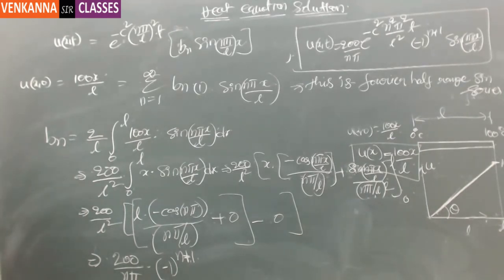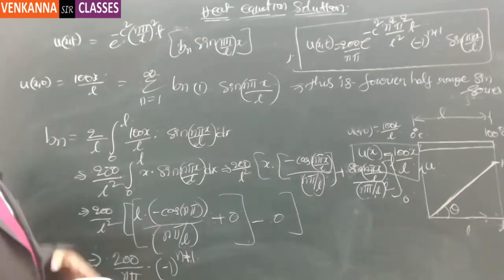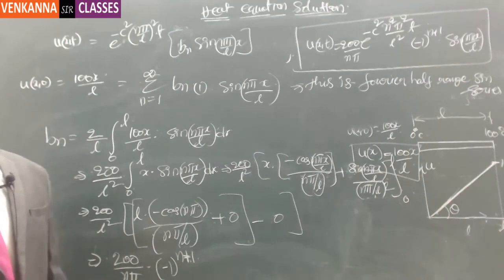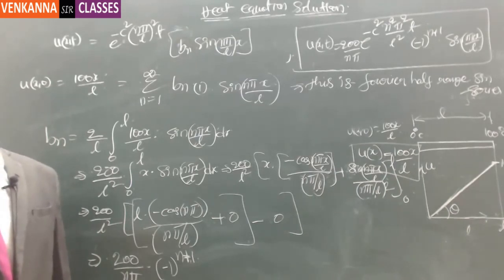Now the same problem statement we can extend to a little tougher level. If you understand this one, I am going to erase it and then we will extend this. Can I erase?